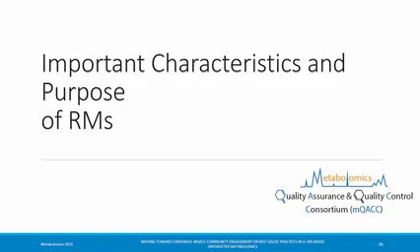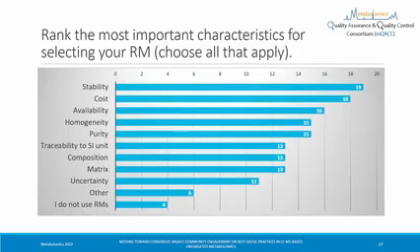So then we wanted to ask about important characteristics and purposes of your reference materials. We asked folks to rank the characteristics that are important for them when they select the reference material. So the winning score was for a stable material. Stability and homogeneity go hand in hand.